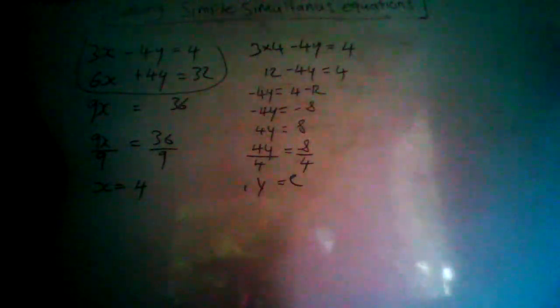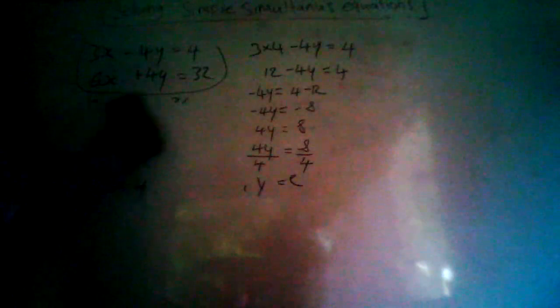I don't know if you want me to solve it using the matrix method as well. I guess you know what to use. I will go ahead and use this matrix method and solve it. So therefore I'll have 3, minus 4, 6, 4.